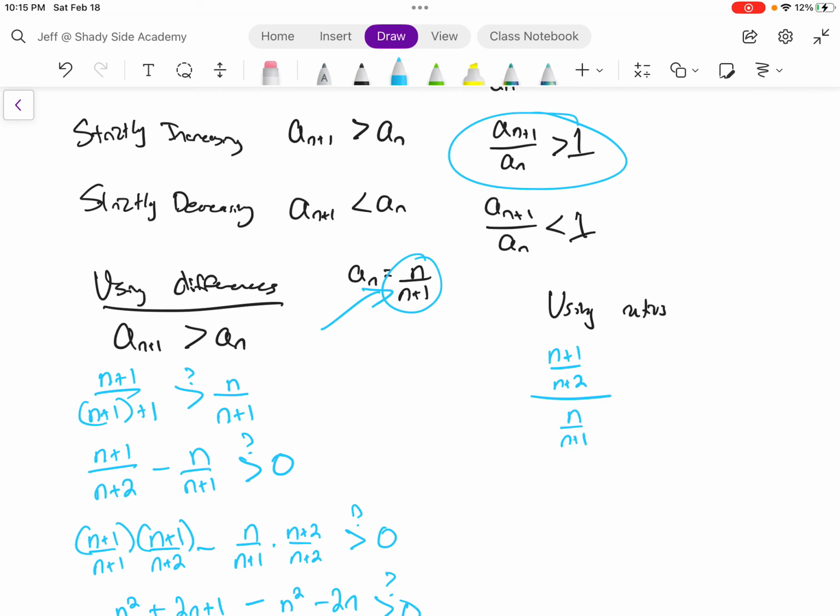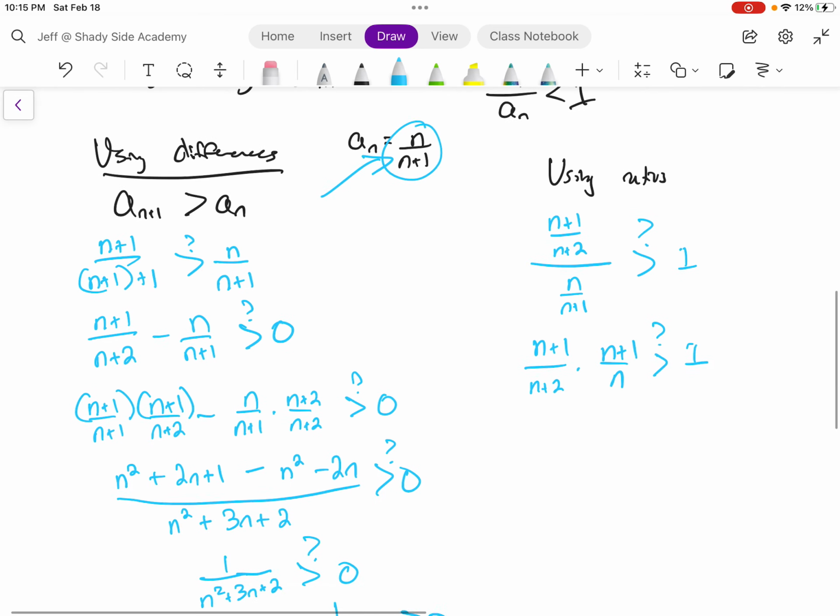I want to show this is greater than 1. Well, if we divide by a fraction, that's the same as multiplying by the reciprocal. So simplifying this thing here, I'm going to get n squared plus 2n plus 1 over n squared plus 2n.